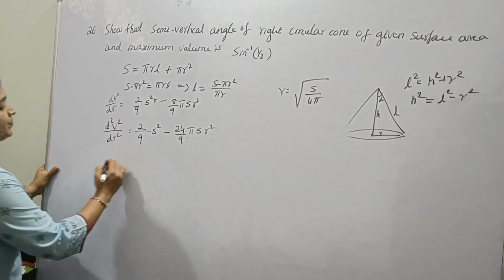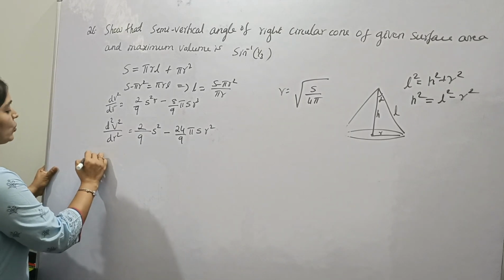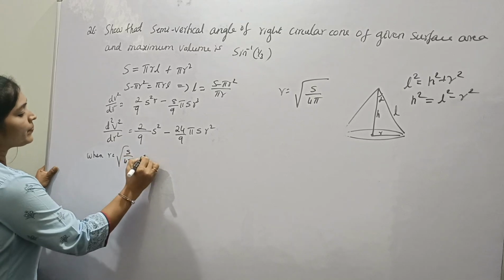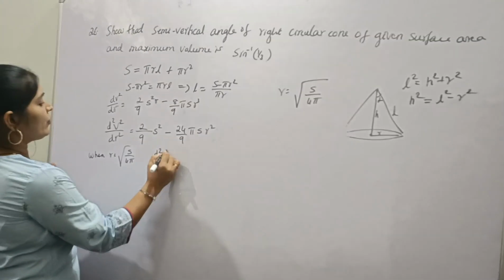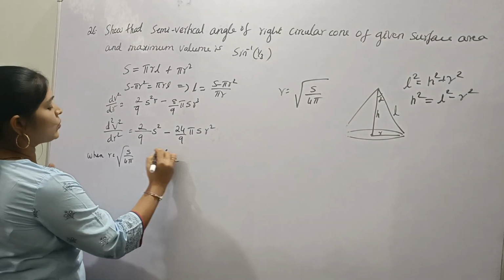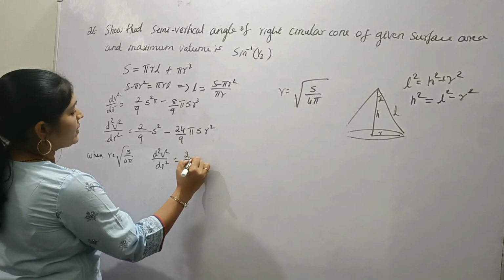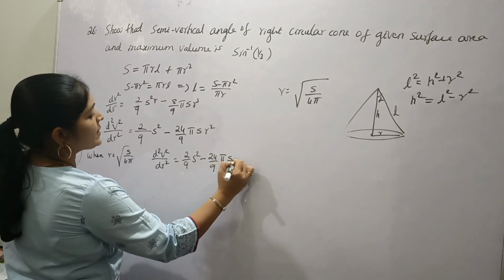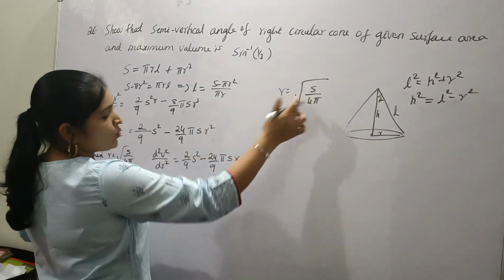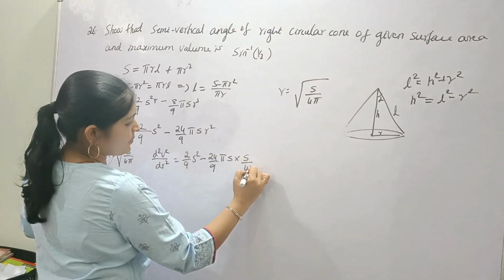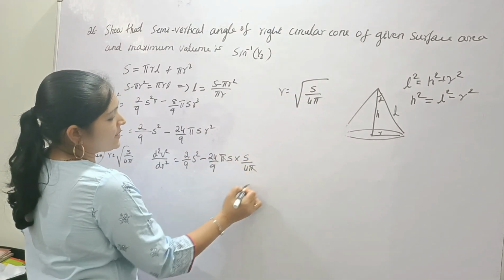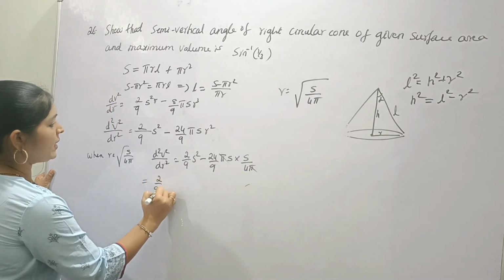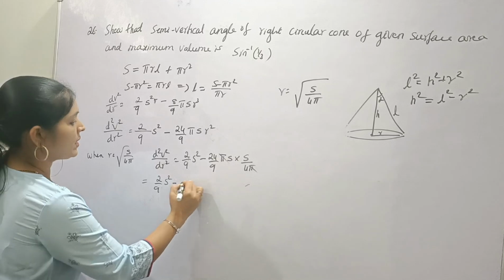So when r is equal to root of s by 4 pi, d square v square by dr square is equal to 2 by 9 s square minus 24 by 9 pi s into r square. R is this one, r square is s by 4 pi. Here pi cancelled.